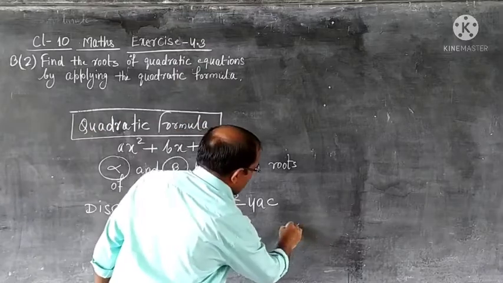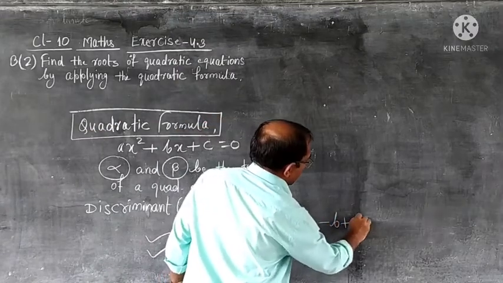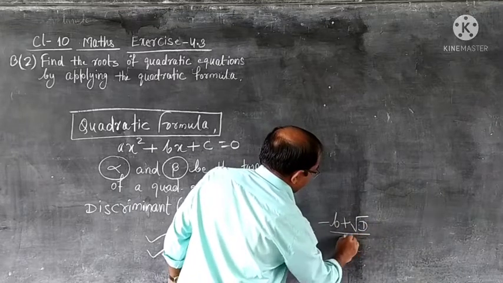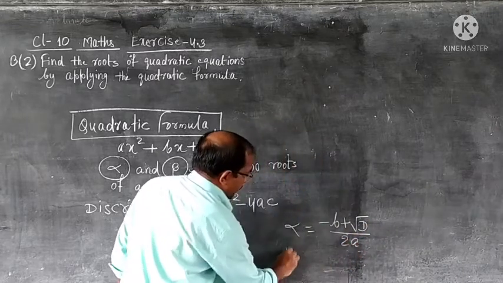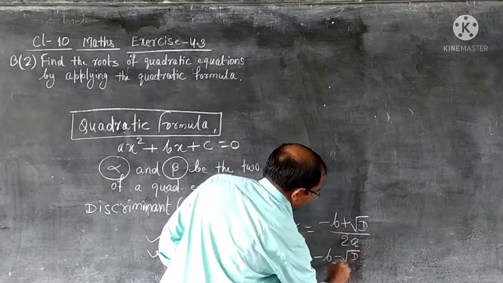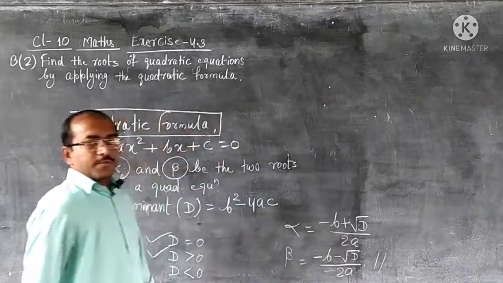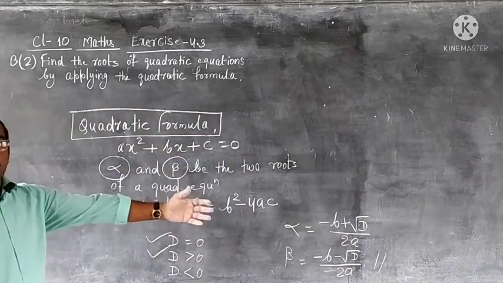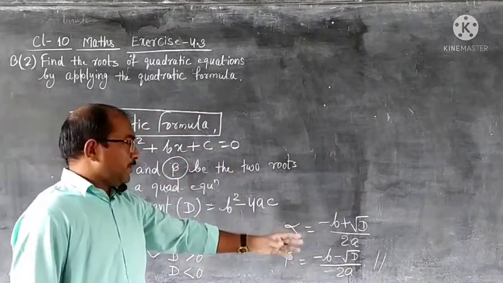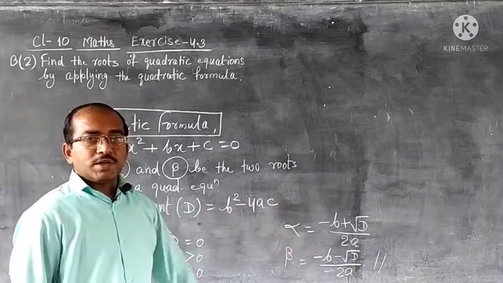Another part of the quadratic formula is: alpha will be minus b plus root D by 2a, and beta will be minus b minus root D by 2a. Very simple and interesting work you are going to do using the first root, minus b plus root D by 2a, and the second root beta, minus b minus root D by 2a.